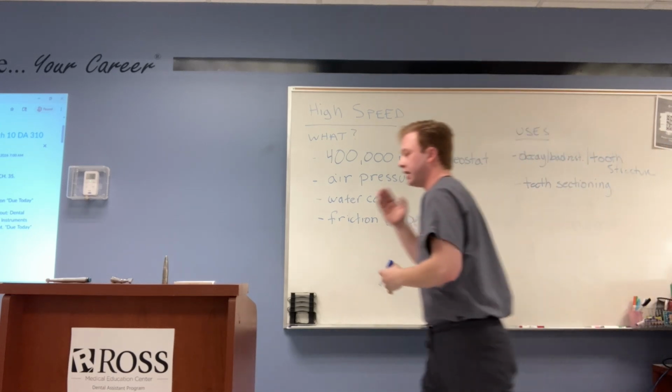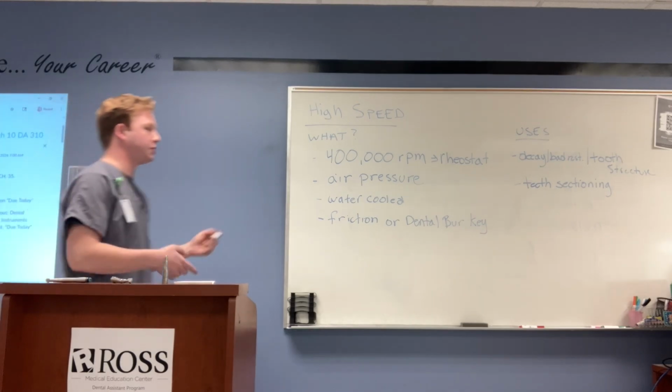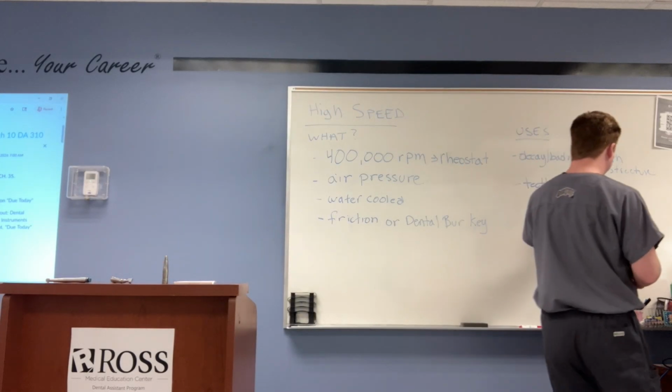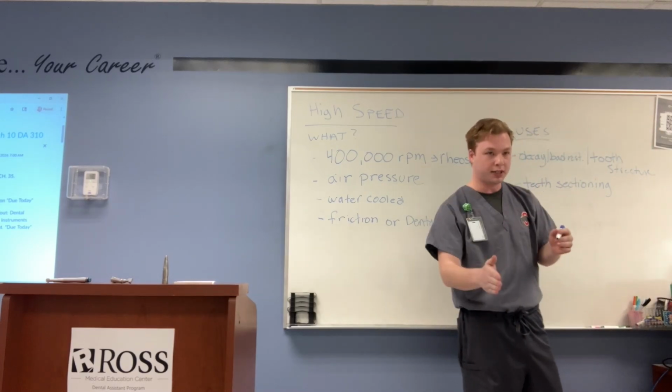So when I'm saying sectioning the tooth, that means if, like in oral surgery, if I'm trying to take out a tooth but I can't wiggle it out, I would have to take my rotary instrument and split it in half. So the high speed is used to section the tooth or split it in half, or in multiple halves. So it's used to split it up.